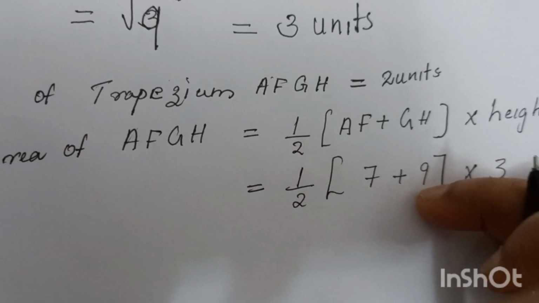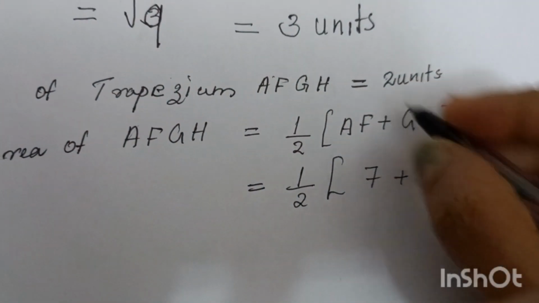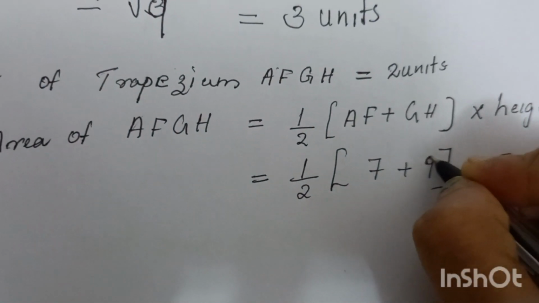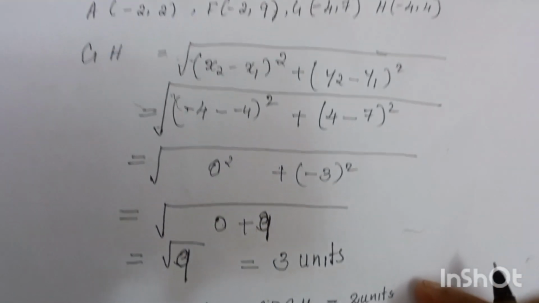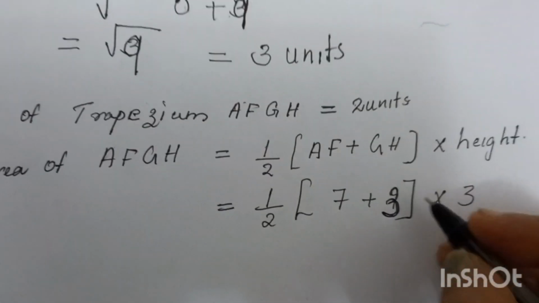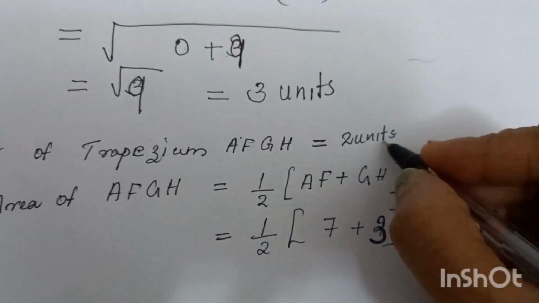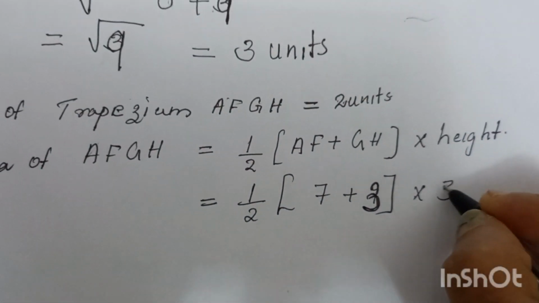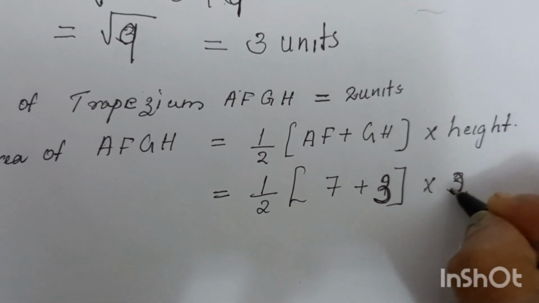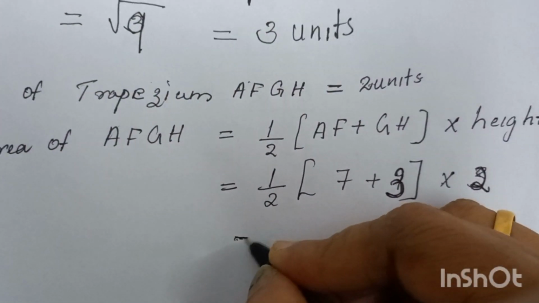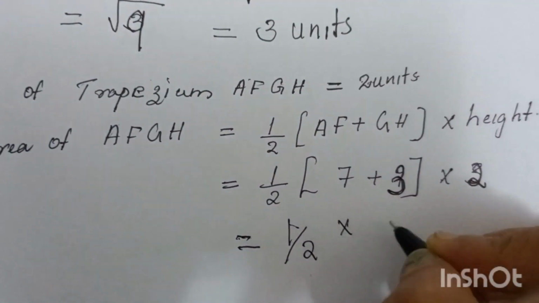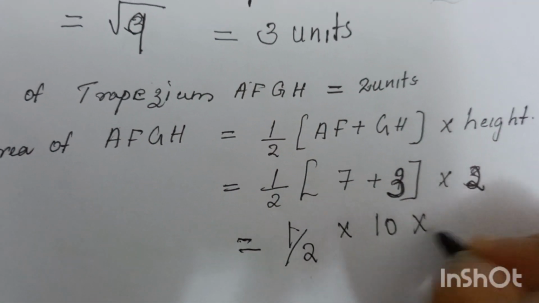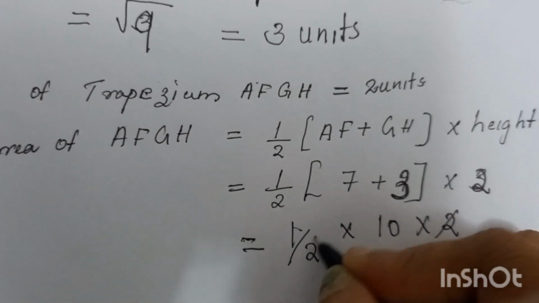GH is equal to 3 units and height is equal to 2 units. So we substitute that value over here. So what will you get then? Half into 10 into 2. So these two and these two will cancel.